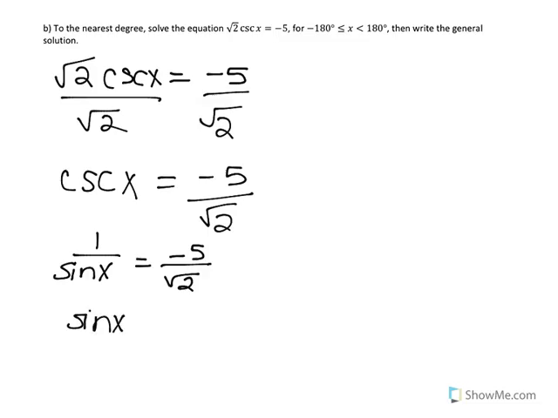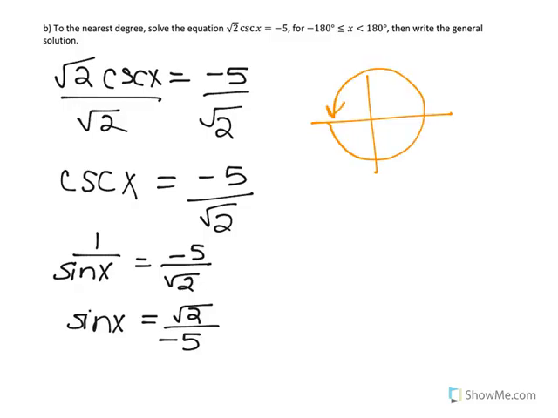So I'm going to say sine x is equal to root 2 over negative 5. So looking at our unit circle, we're going from negative 180 to positive 180. That is the domain we are looking at. And we are doing sine to be negative, so that can be in quadrant 3 or it can be in quadrant 4.